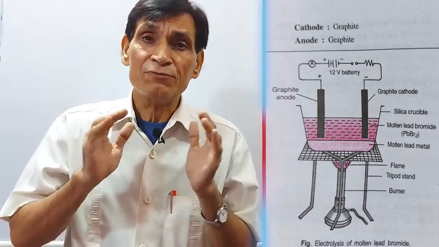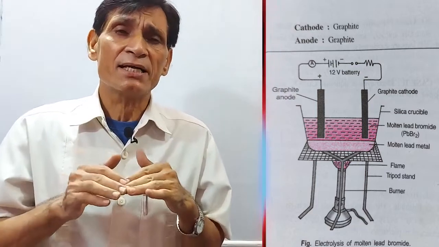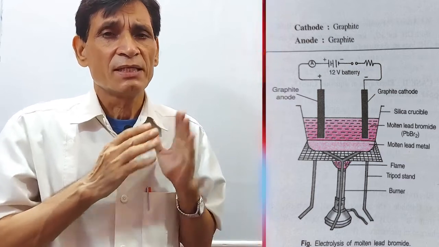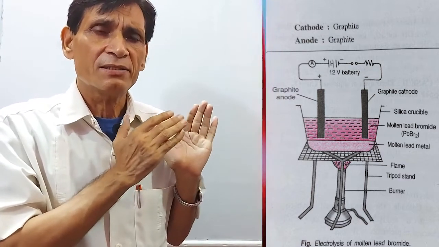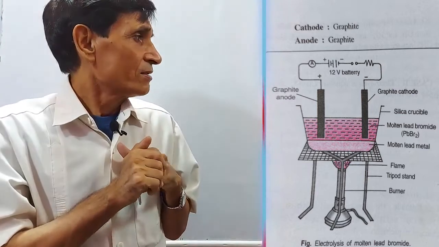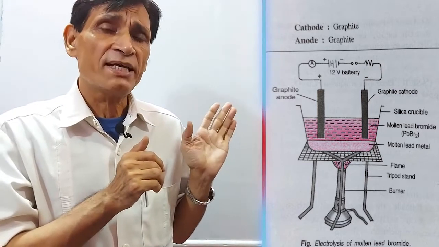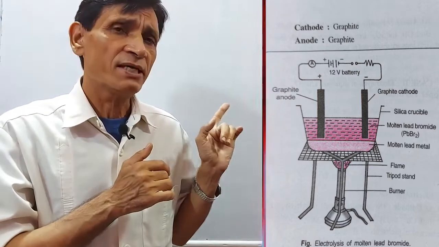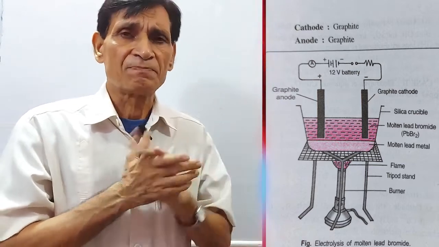But in molten or fused state, these lead ions and bromide ions are free to move. This is why lead bromide is taken in molten or fused state, and the crucible containing lead bromide is continuously heated from outside to keep lead bromide in molten state.